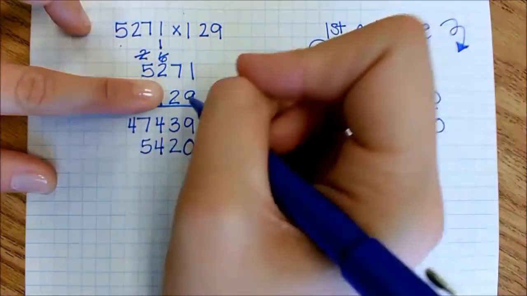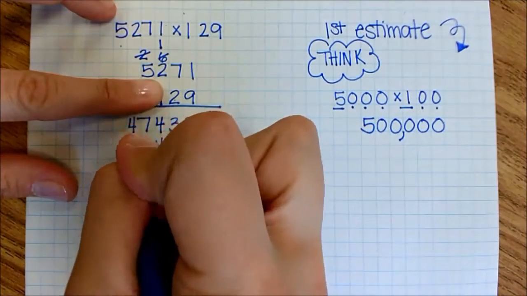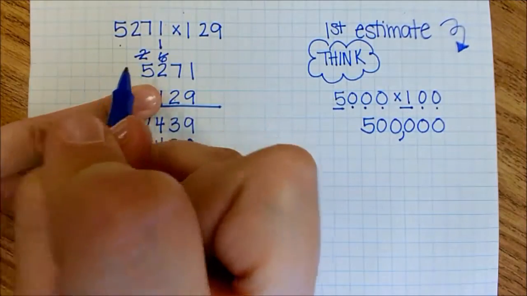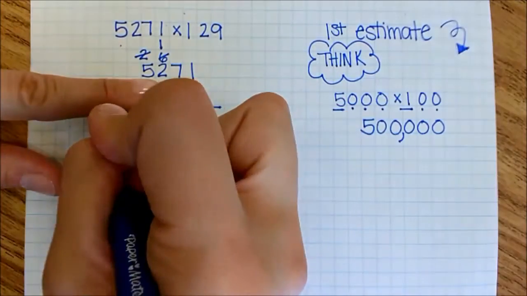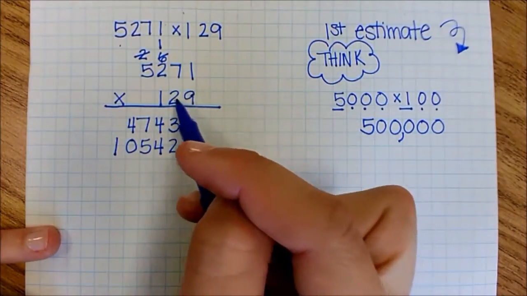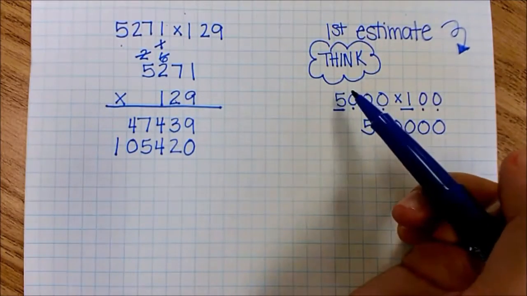Put my 5 here. And then 2 times 5 is 10. Put my 0, line my numbers up, and then check to see if I have any numbers up here to put my 1 above. I don't have any. So I'm going to put my 1 down here. Now, that takes care of the 9. That takes care of the 2. I'm going to put my line through the 1 because I don't need it.